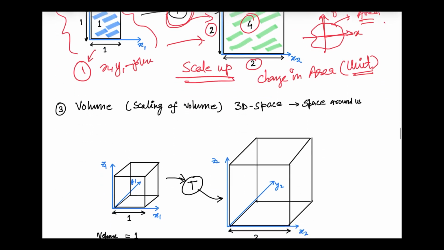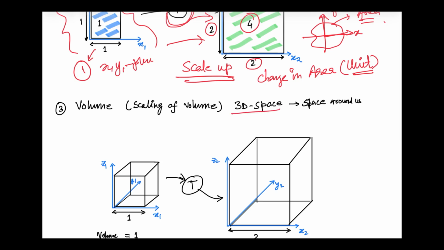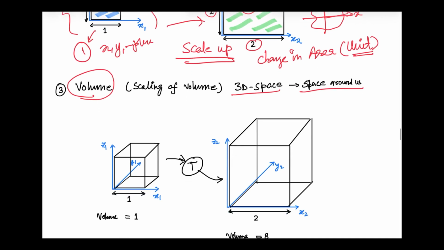In a similar fashion, when we come to three-dimensional space, so for example, the space around us is a three-dimensional space. So how we are going to measure this particular space, and that is done by volume. So any transformation affecting the three-dimensional space is essentially affecting its volume.